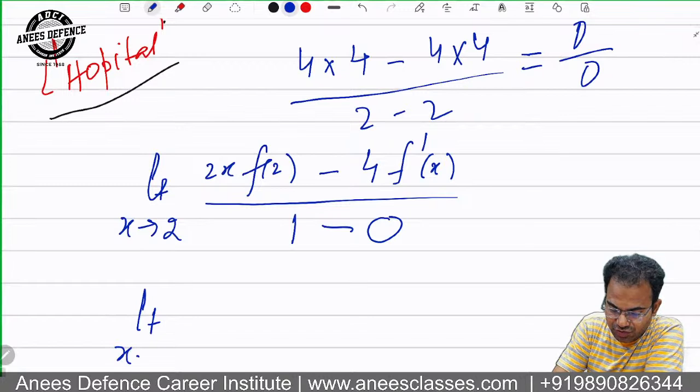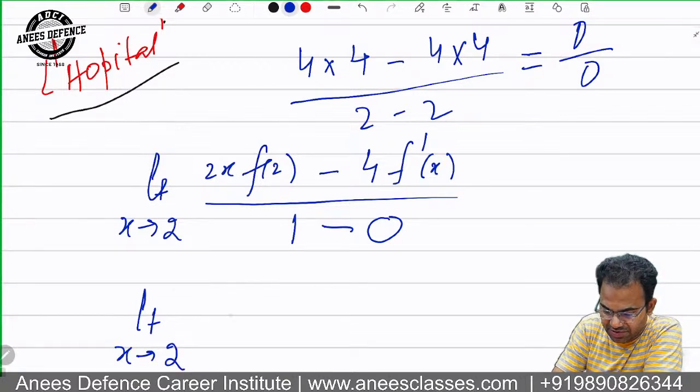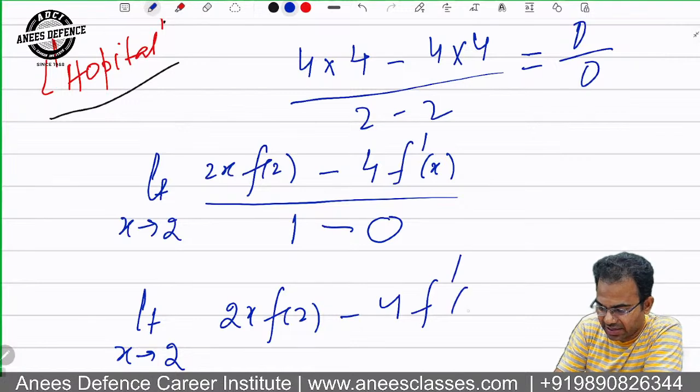So limit x tends to 2 of 2x times f of 2 minus 4 f dash x.